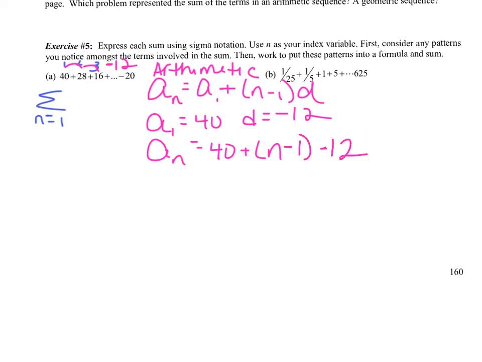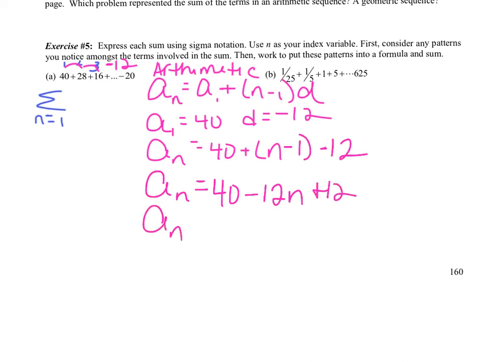Now, could you put that into the summation looking like that? You could, but for somebody who's trying to figure out a summation like you did on the first page, that's going to be really messy. So I'm going to simplify. I'm going to distribute that negative 12, so it's going to give me negative 12n plus 12.